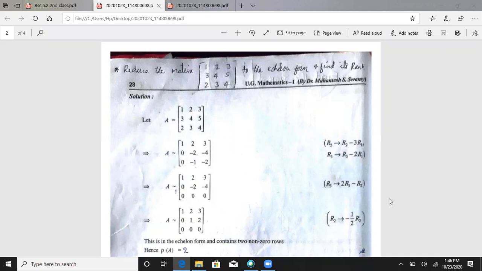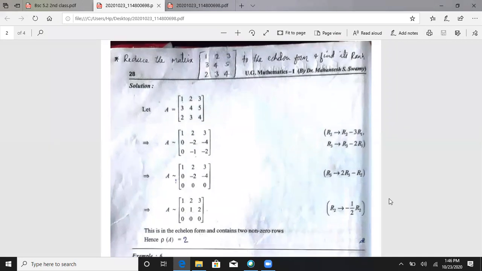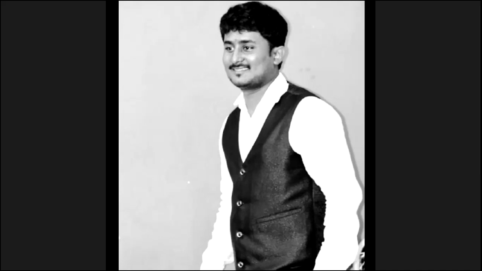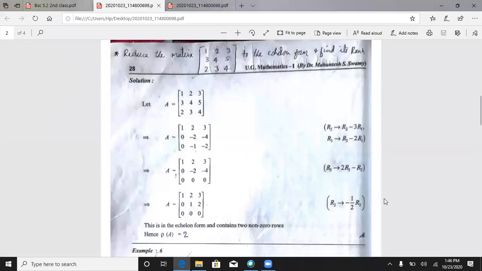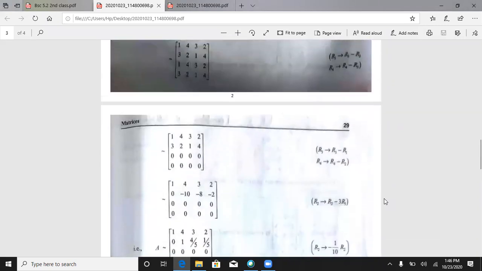See here, this is R3 equals R3 minus 2R1. See here, this example.